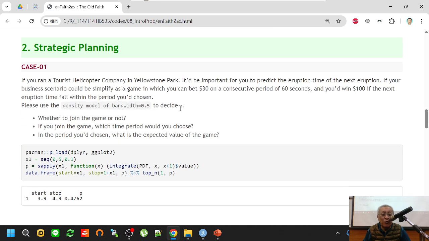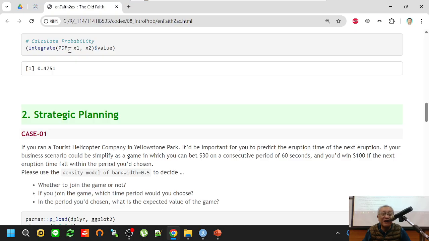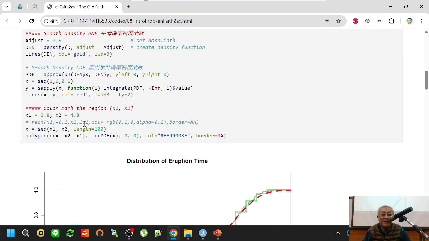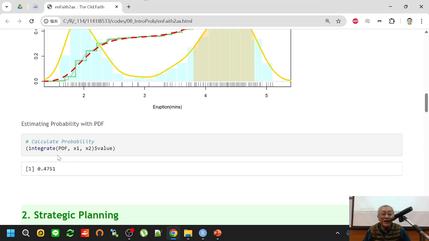And so I would like to focus on how to use this probability function to calculate the probability, right? You have this PDF, but this PDF is actually this yellow curve, right? But in order to calculate the probability between the two boundaries, then you basically need to do the integration, okay?